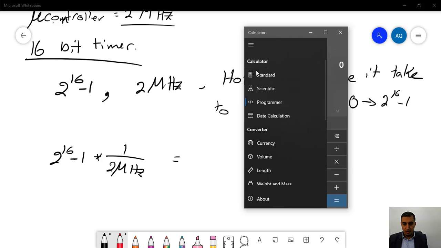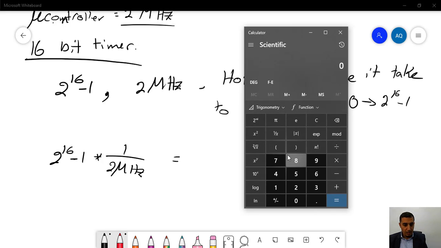So I will use the scientific calculator. 2 to the power 16 minus 1, multiplied by 0.5 microseconds.